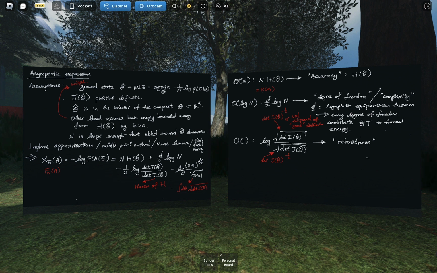So this term is related to the volume of distinguishability. This is coming from how the Jeffreys prior is defined, which is: what is the typical volume within which I can't distinguish distributions, right?